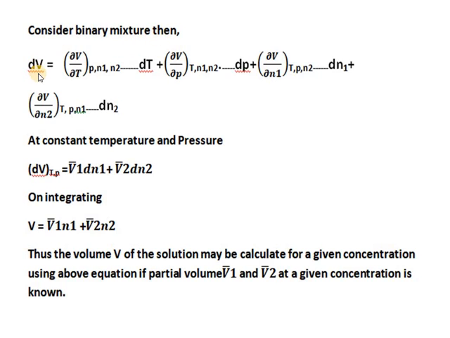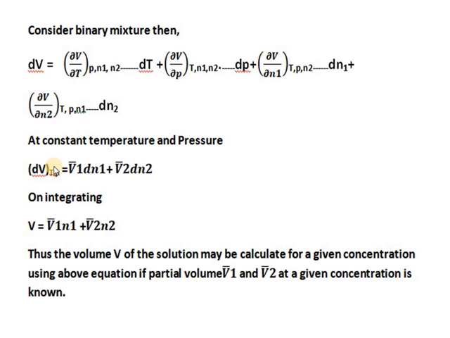Then dV is equal to (∂V/∂T) at P, n1, n2 dT plus (∂V/∂P) at T, n1, n2 dP plus (∂V/∂n1) at T, P, n2 dn1 plus (∂V/∂n2) at T, P, n1 dn2, but at a constant temperature and pressure.